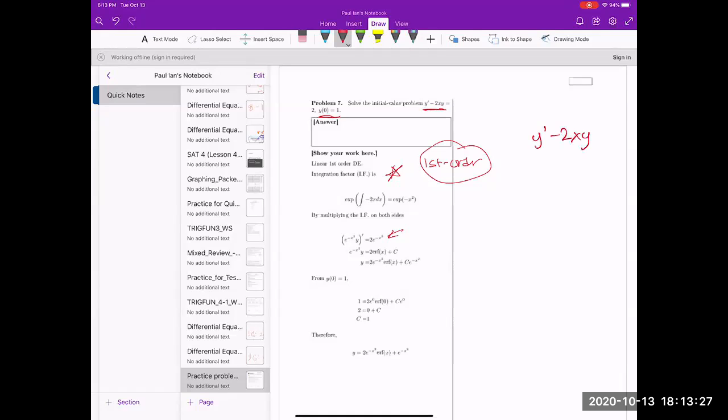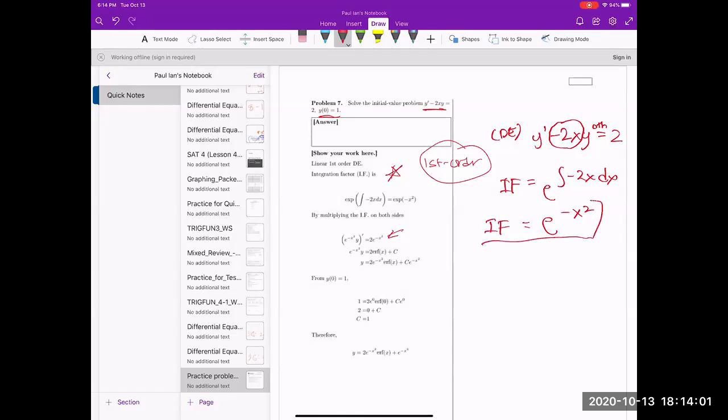For example, if you had this guy as your differential equation, the one thing you need to find is the integration factor: you take the exponent of the integral of the thing in front of the zeroth order term, and whatever this is, it's e to the minus x squared. This is your integration factor.